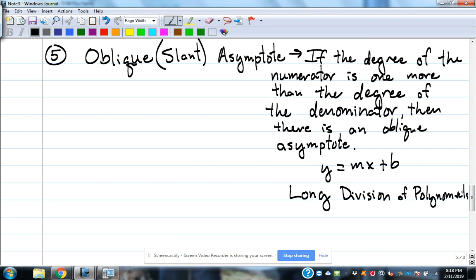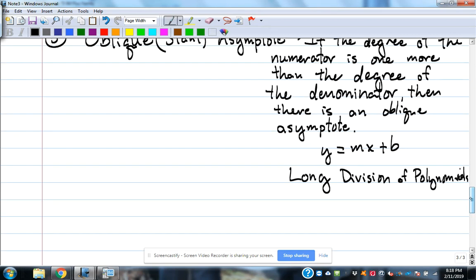Long division of polynomials. We'll do an example out of all these in just a second. Five examples. Okay. Again, make sure you make a note.